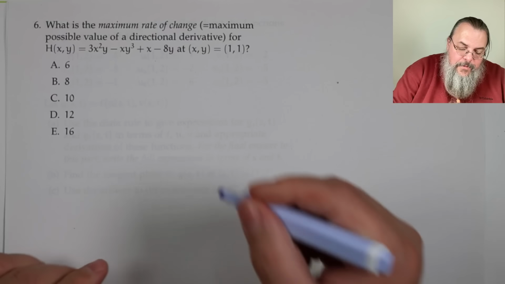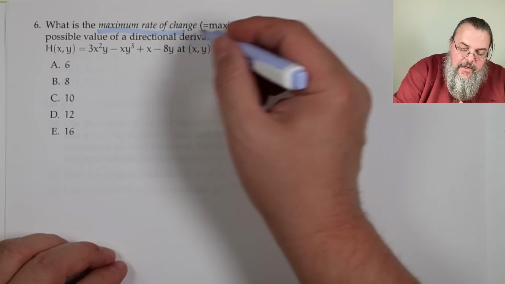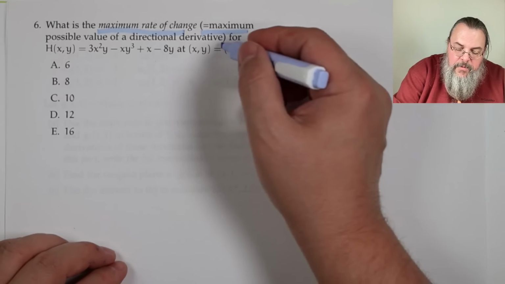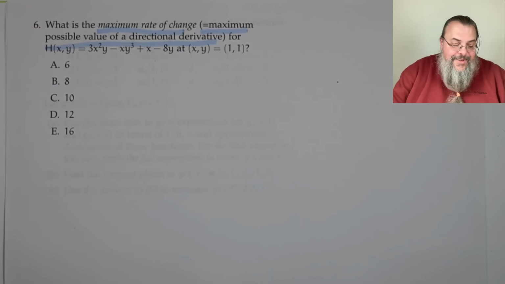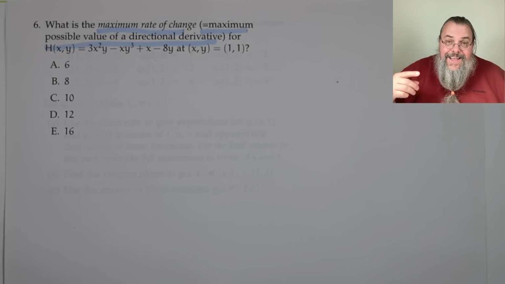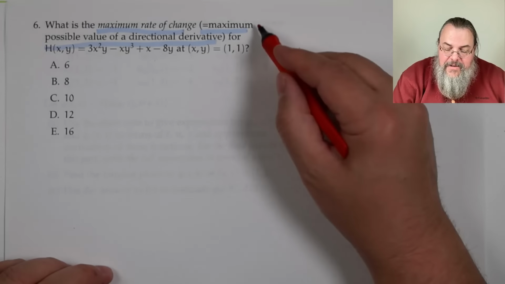Well, when you see maximum rate of change, and it even explicitly spells it out, maximum value of a directional derivative, it's saying, hey, do you remember what the gradient does? So this is testing us on properties of the gradient.